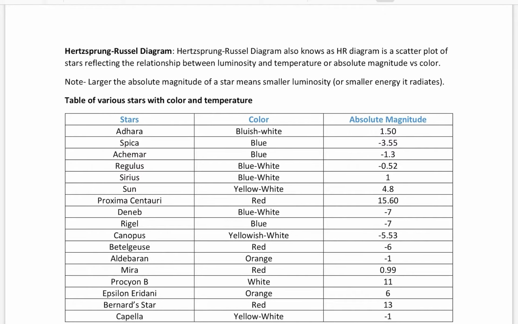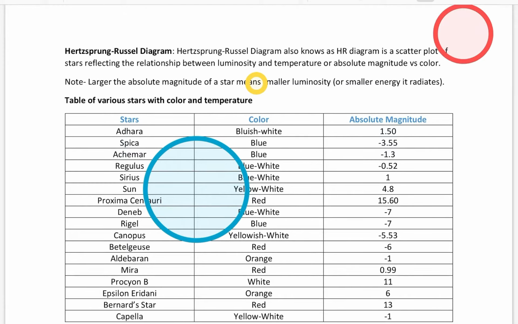And the reason is that Betelgeuse is very far from us, very far from the Earth. So let's say this is our Earth surface here, and the Sun is here, and Betelgeuse is much farther here.